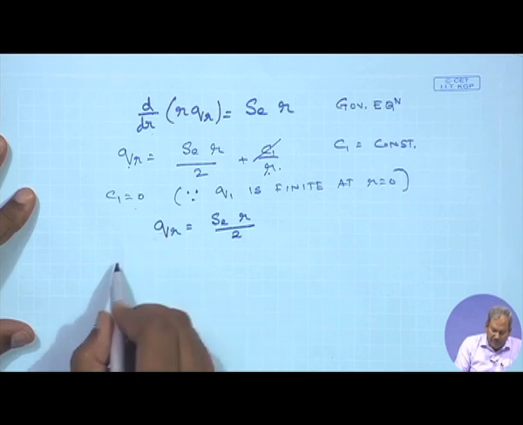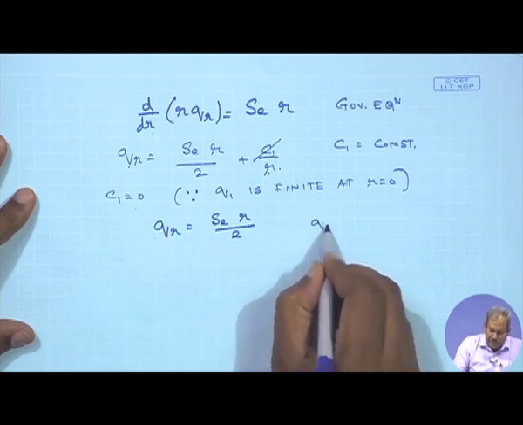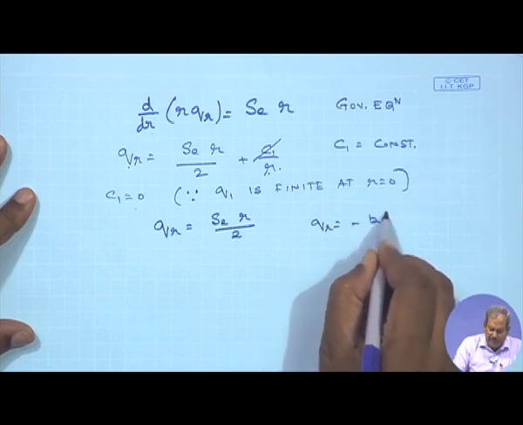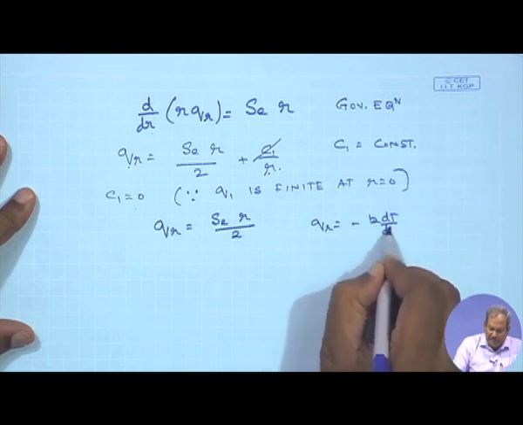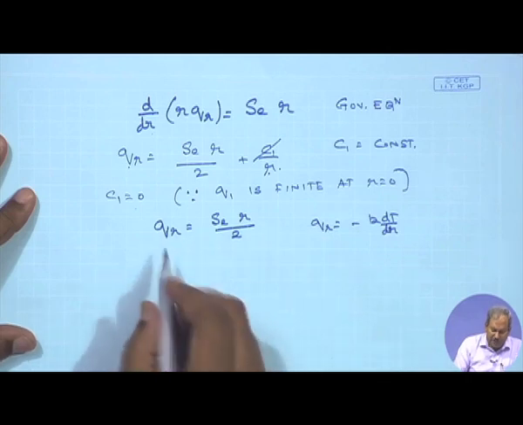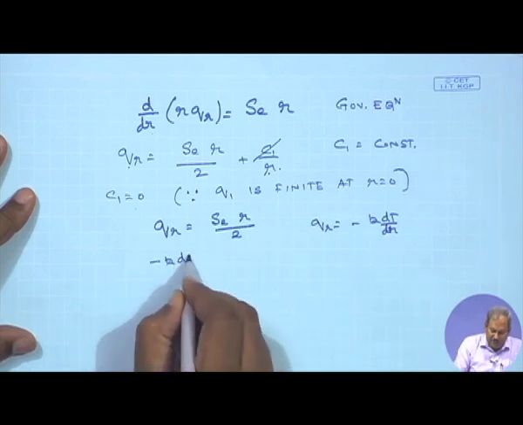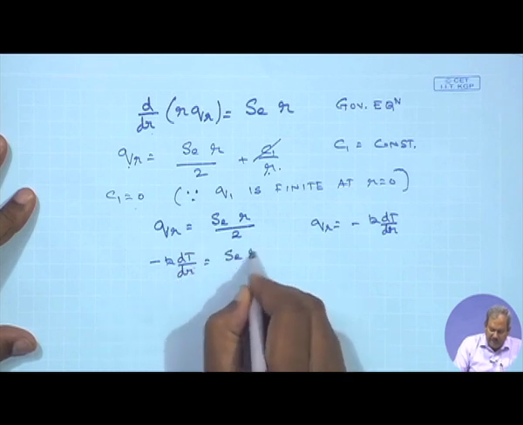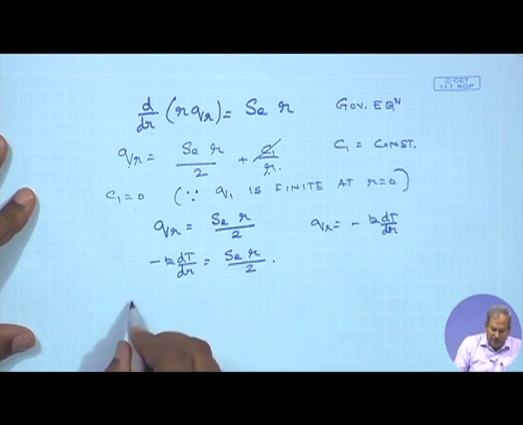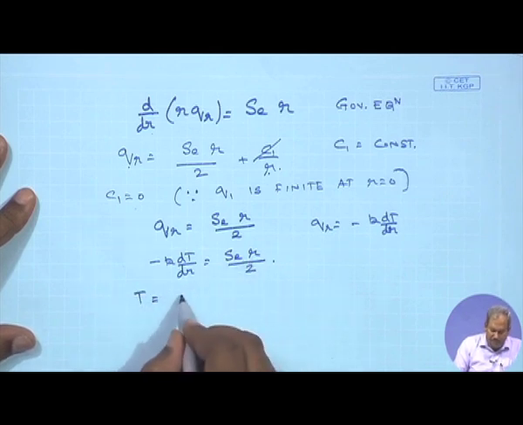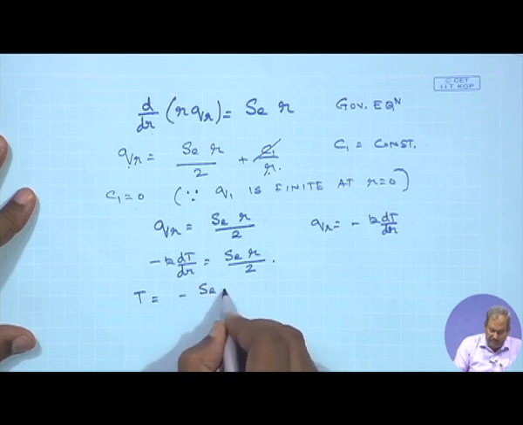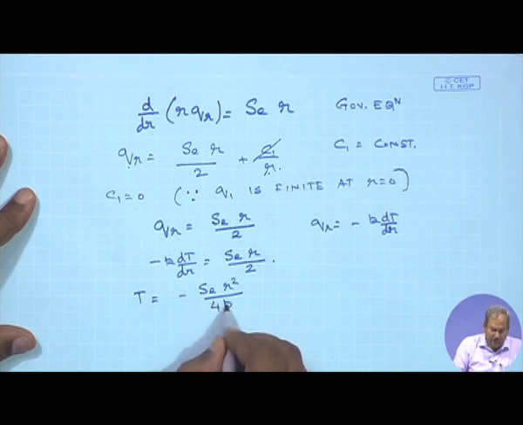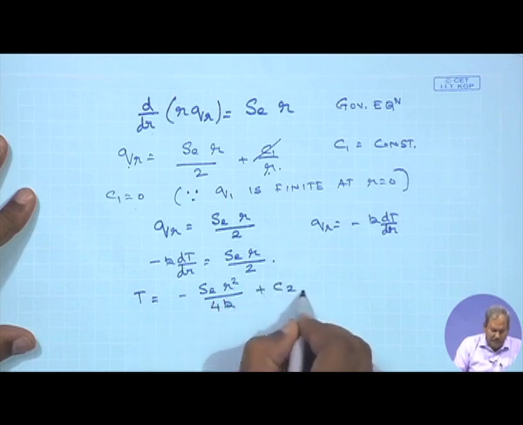Substitute Fourier's law, which is q_r equals minus k dT/dr, in here, and what you get is minus k dT/dr is S_e r by 2. You integrate it once to get minus S_e r square by 4k plus C2.